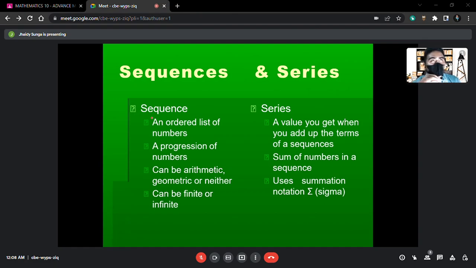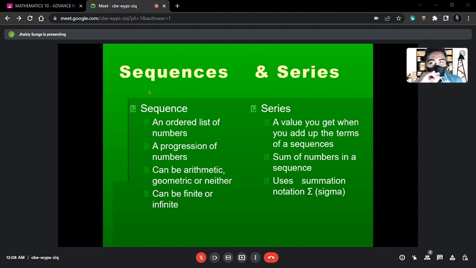But in some cases, sequence could be found in either of the two. In general terms, sequence could be found anywhere. But in our lesson for today, we'll be dealing with sequence more likely in arithmetic and geometric.